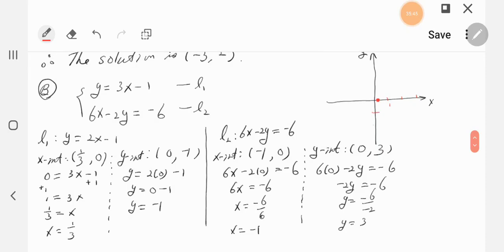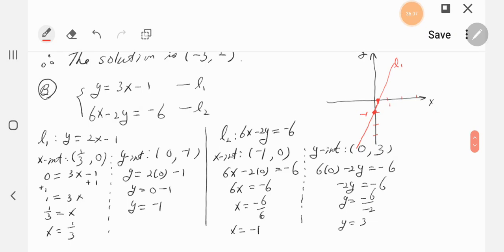So negative 1, negative 2, negative 3. Like this. Okay, this is line 1.